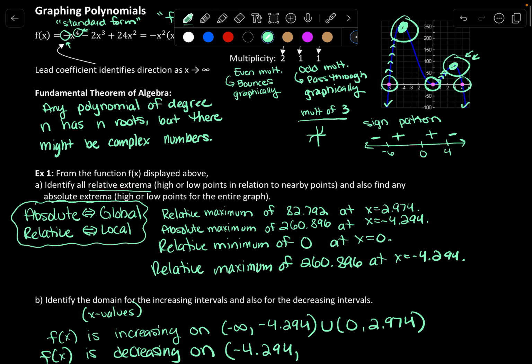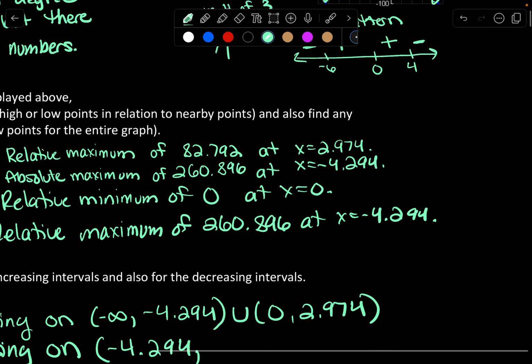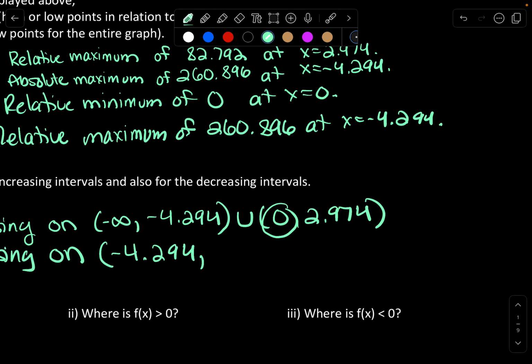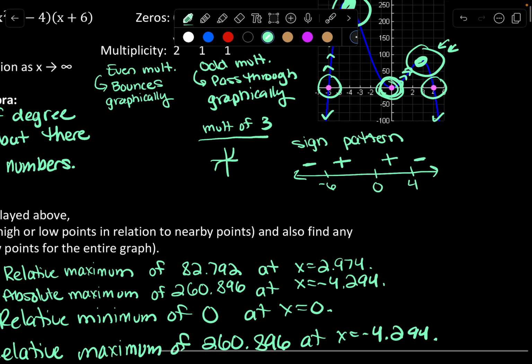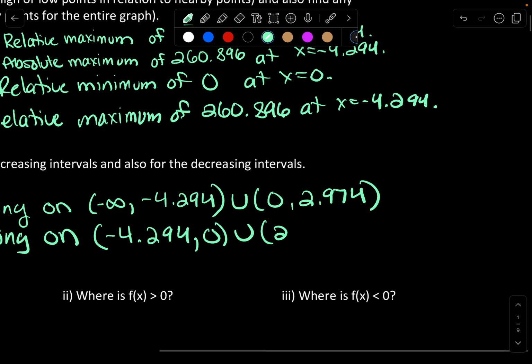And it's going to decrease up into the minimum, which is at 0. Or just, it's going to go to where the other increasing interval is starting. Union, and then it's going to decrease out of that maximum again to positive infinity. So from 2.974 to positive infinity.